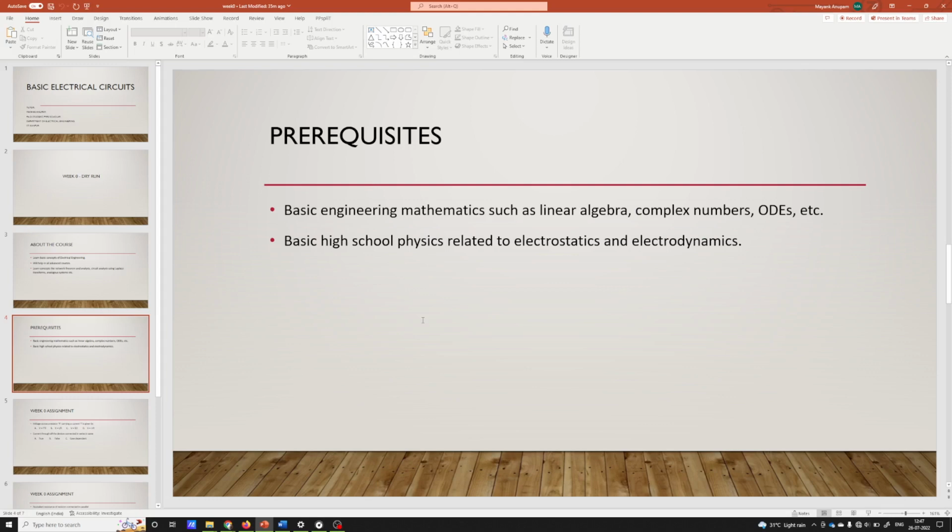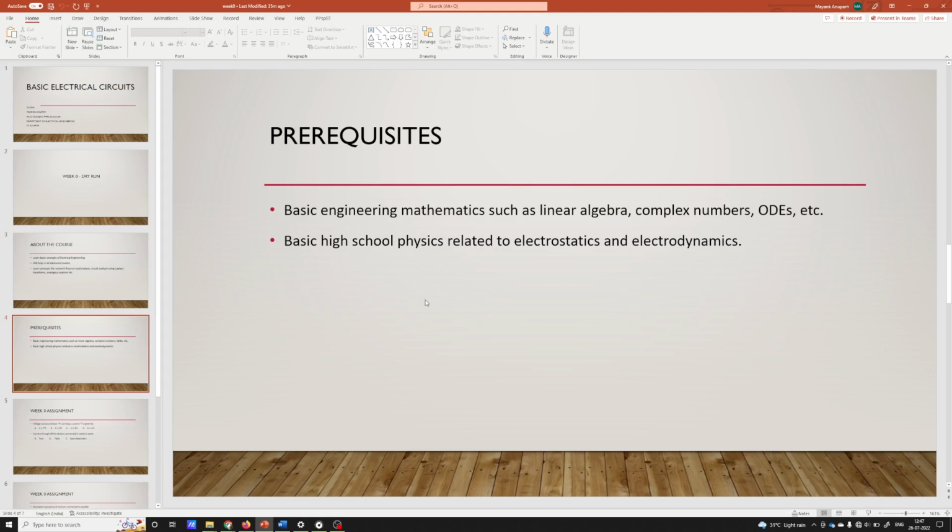And if you have gone through the week one content, you must have seen that those concepts are revisited in the week one content. Other than that, you should be comfortable with some basic engineering mathematics like linear algebra. You should know how to manipulate matrices, what are determinants, what are matrices, and you should also know how to play with complex numbers.